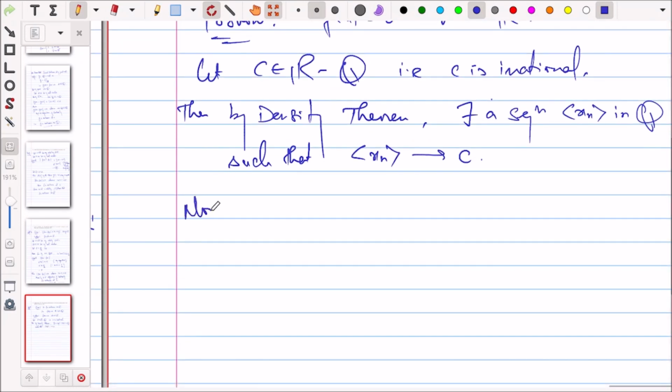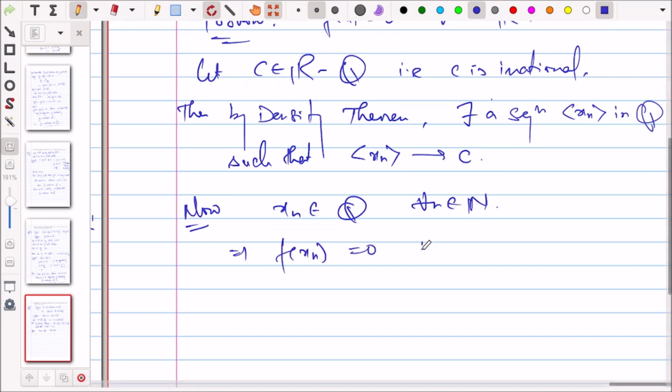Now x_n belongs to Q for all n belonging to N. This implies f(x_n) is equal to 0 for every n in N, and this implies f(x_n) converges to 0, because it is a constant sequence. Make it as star.